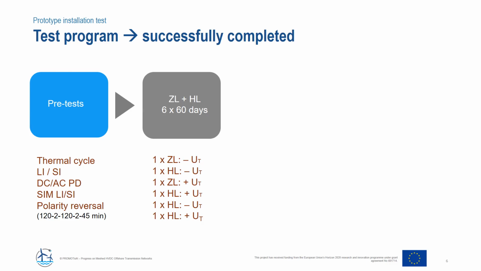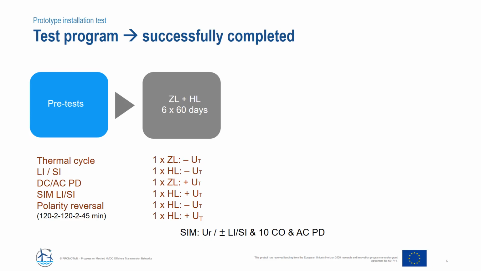So here you see zero load has had 2 blocks basically, corresponding to positive and negative DC voltage. High load has been performed 4 times, twice for each polarity. And in between, at the end of one block, there are also other tests.